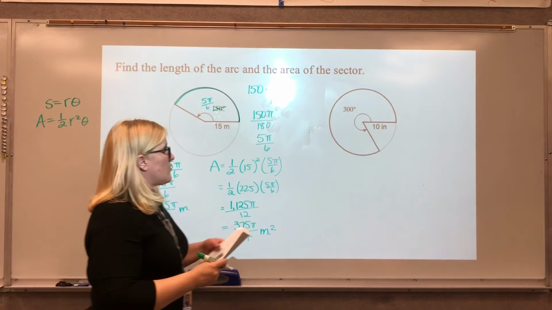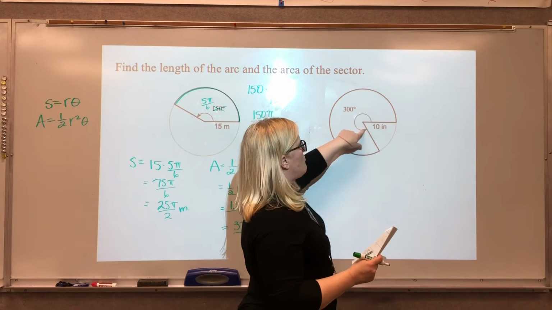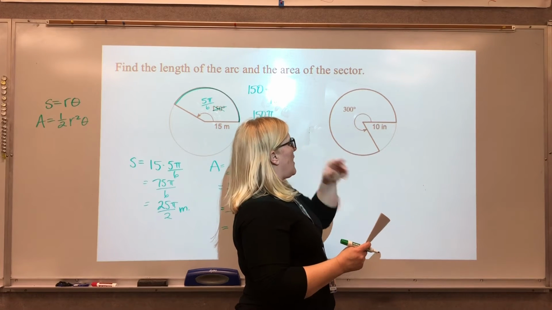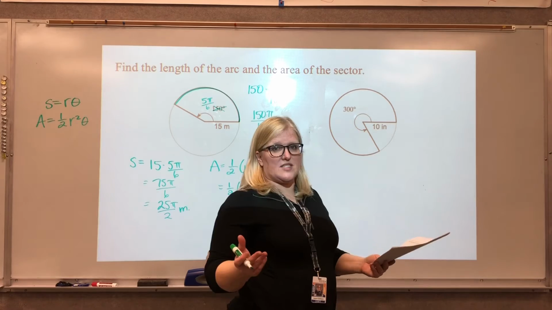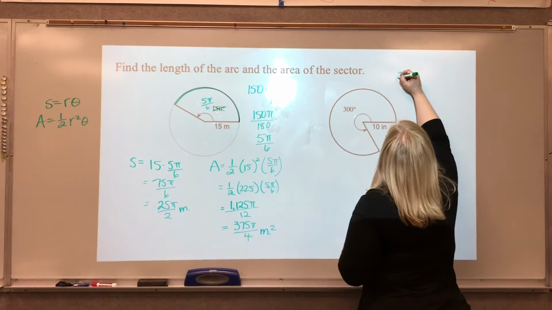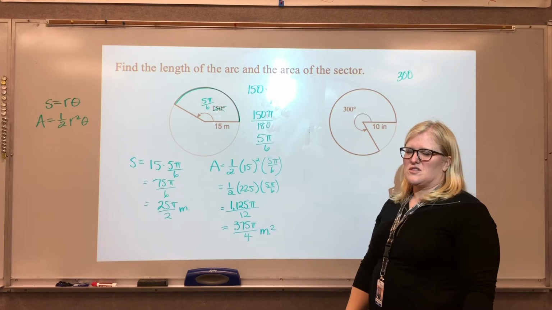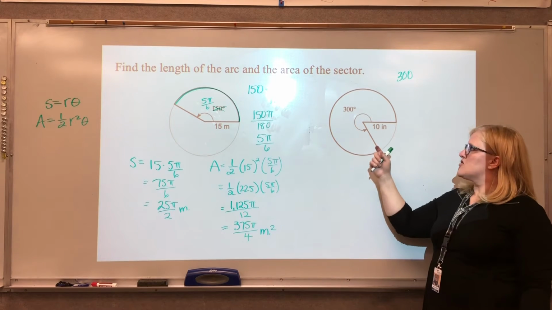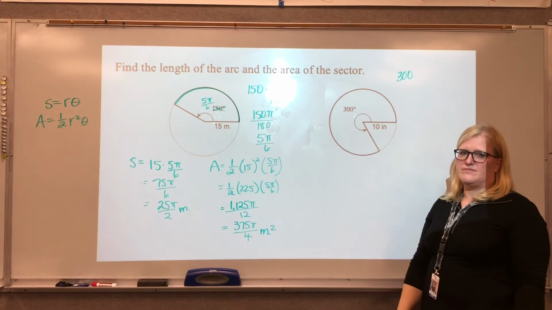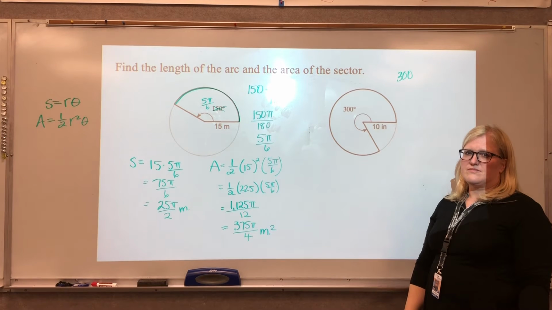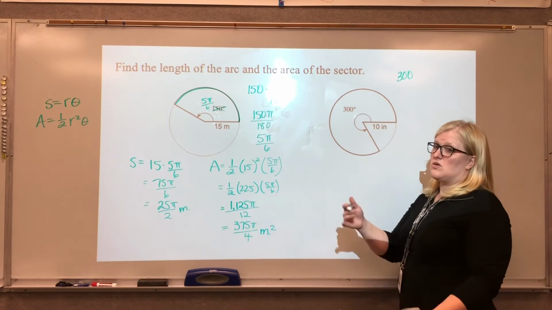Next one. We've got 300 degrees, so this is coming almost full circle, but we have to figure out what it is in radians. I really should have you try this one first, so pause the video, try this one, and I'll come back to you. Okay, now we'll go.